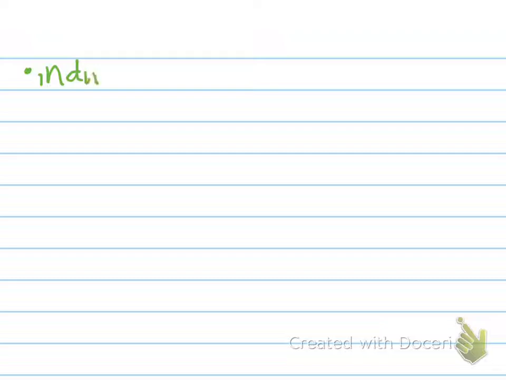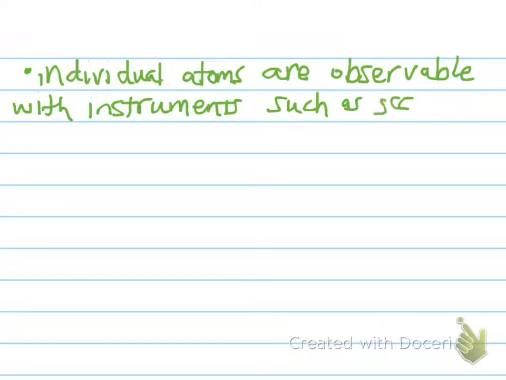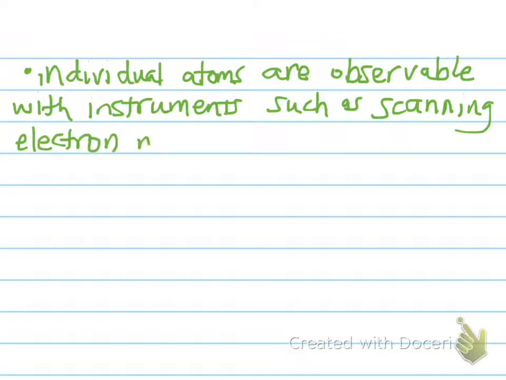Individual atoms can be seen today, so they are observable with instruments such as a scanning electron microscope.